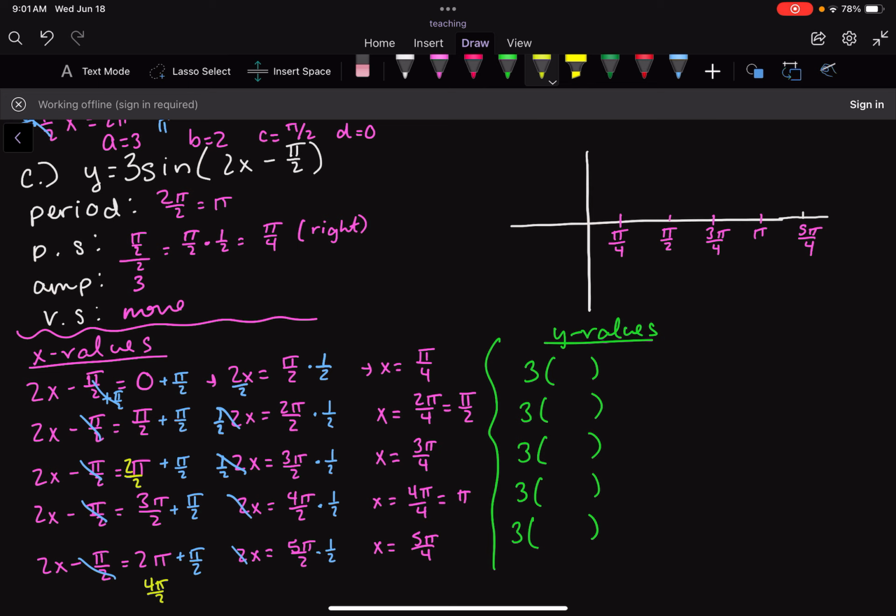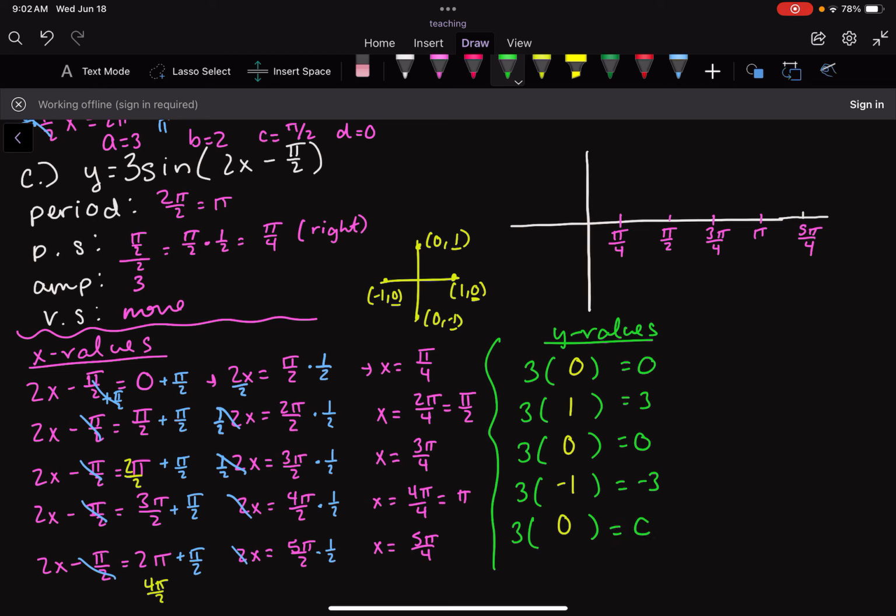As always, I'm getting these from the original unit circle. And sine is always the y value, so 0, 1, 0, -1, back to 0. Simplify, I'm going to get 0, 3, 0, -3, 0. So my graph goes up to 3, down to -3.